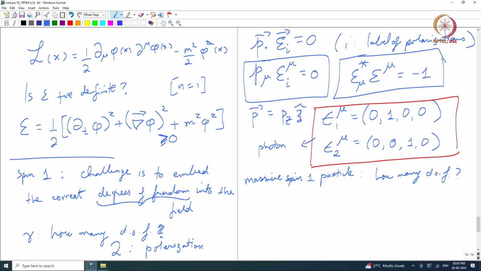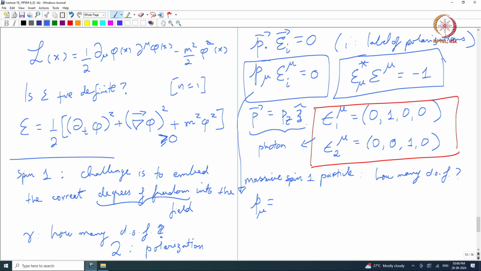So is there any other degree of freedom? You have to think of it from this point of view. In other words, you have to ask yourself, is there another polarization that you are missing here? And to answer that, you have to first think about what the 4 momentum is. How do you write the 4 momentum now?